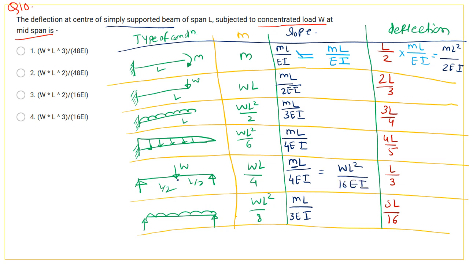If we put this value into a multiplication for this L by 3, then WL square divided by 16 EI into L by 3 equals WL cube divided by 48 EI. Here this value is in option number 1. So option number 1 is correct for this question.